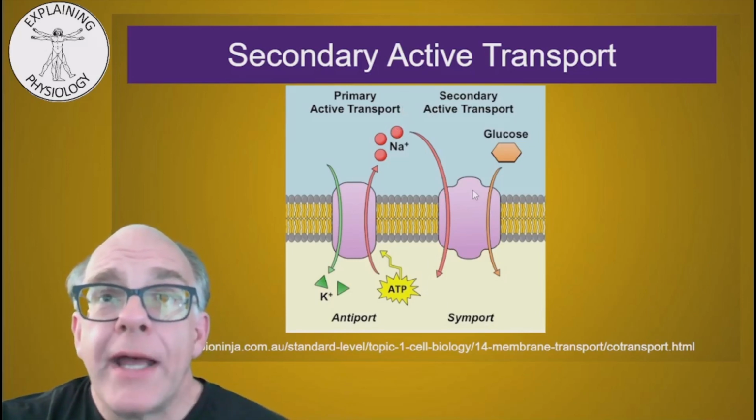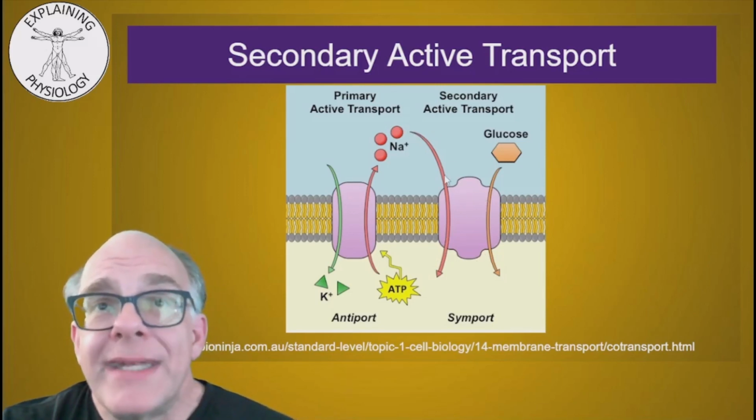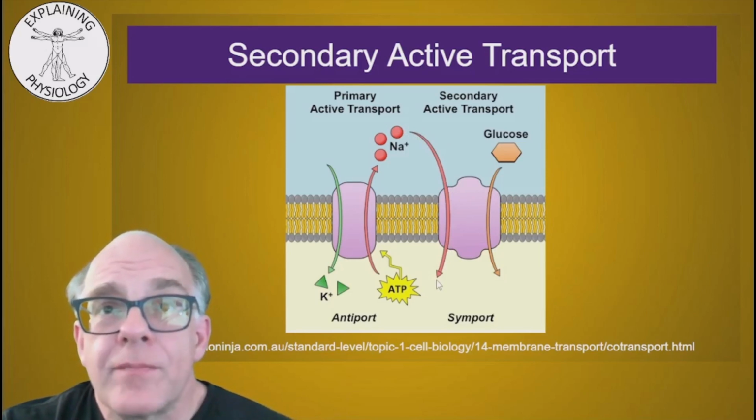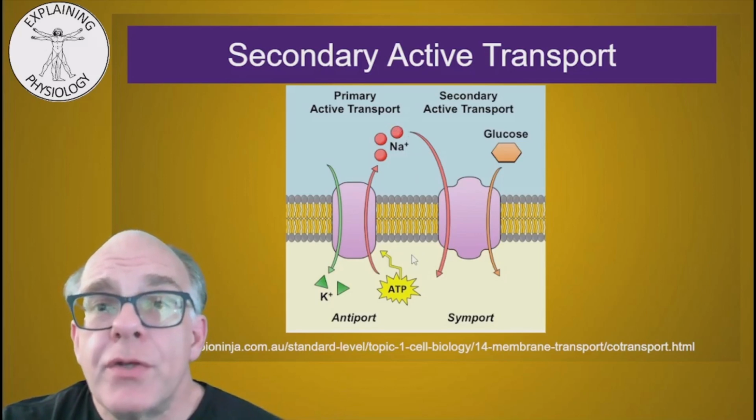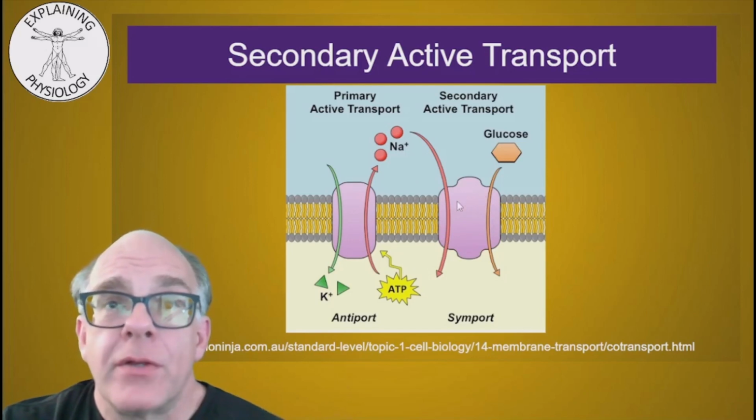With this transport molecule here, a carrier molecule, sodium is going to be moving down its concentration gradient, and the movement of sodium down its concentration gradient is going to provide the energy, the driving force, for the shape changes within our molecule here.